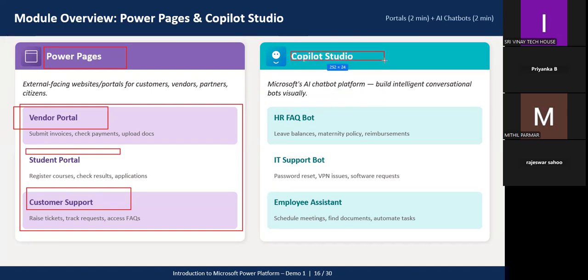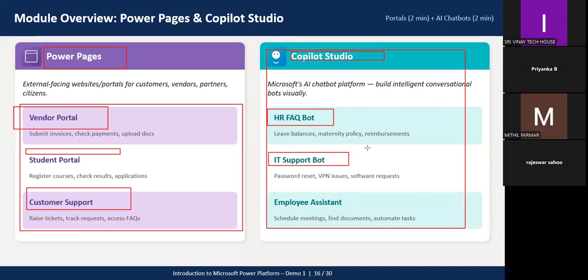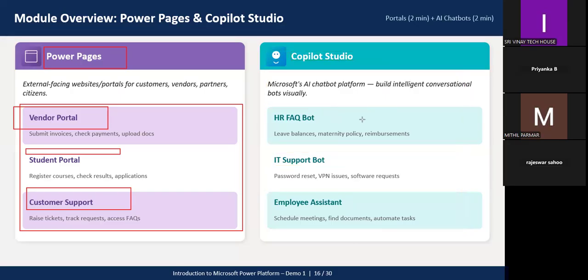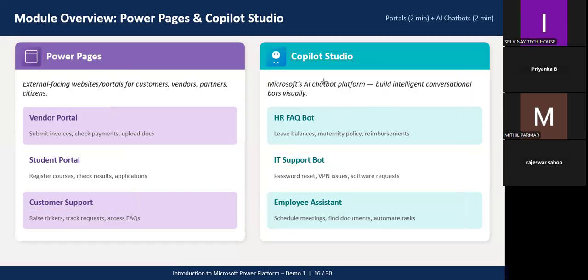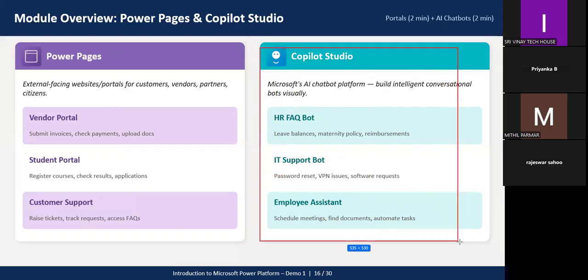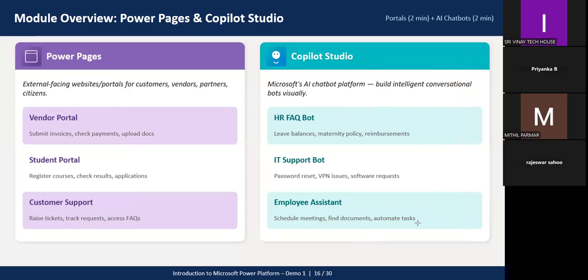By using Copilot Studio, we can create an HR FAQ chatbot, IT support chatbot, employee assistant chatbot. Here, no human intervention is needed. Automatically, based on your prompt, it will generate the output or response. If you ask some question, it will provide the answer based on your prompt question.